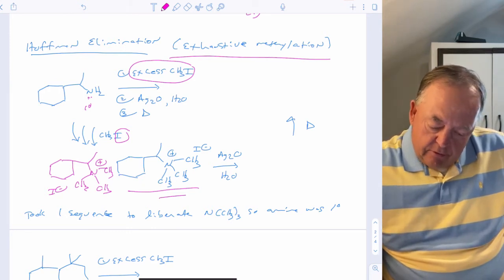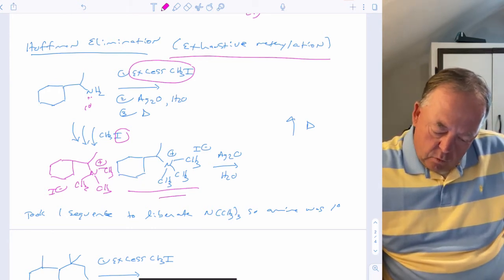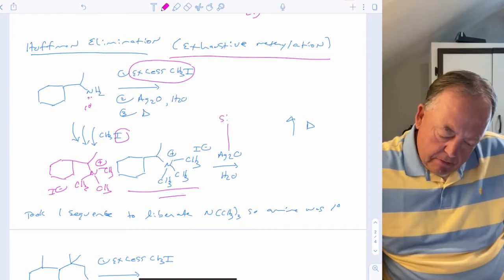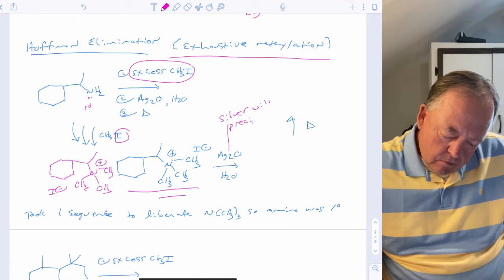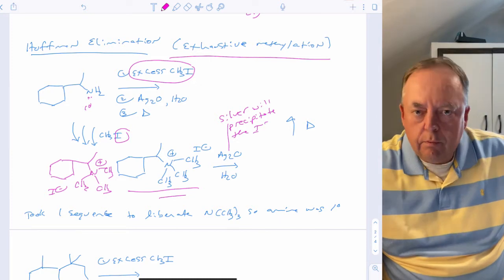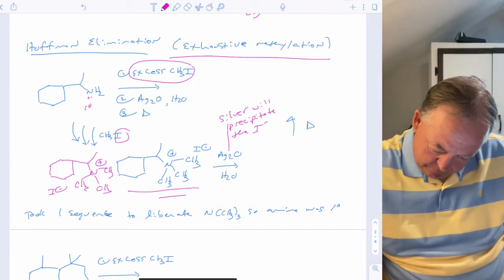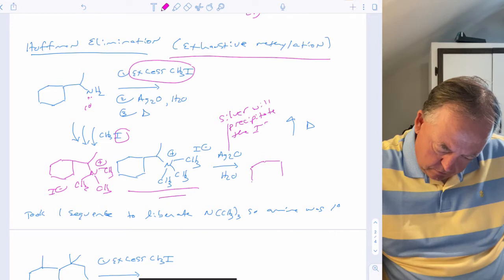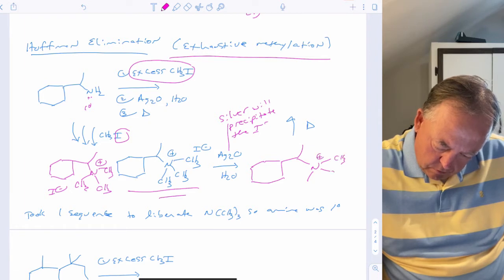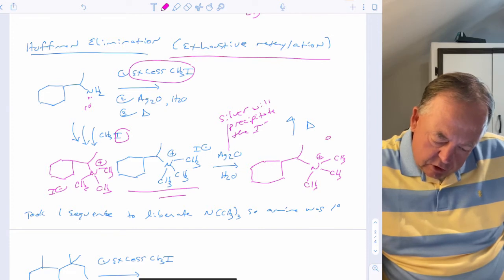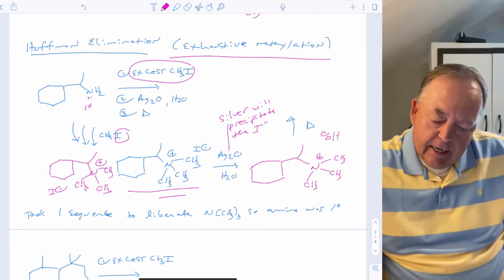And so now if you take that and react it with silver hydroxide, then what happens here is that silver will precipitate the iodide out. And in the process, it will also swap out what the conjugate anion is.